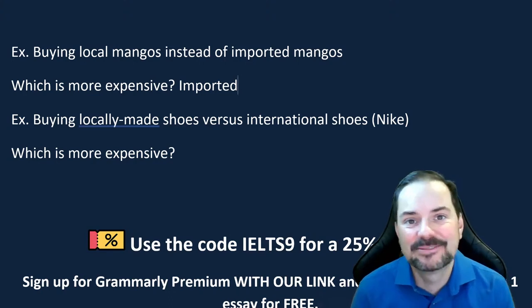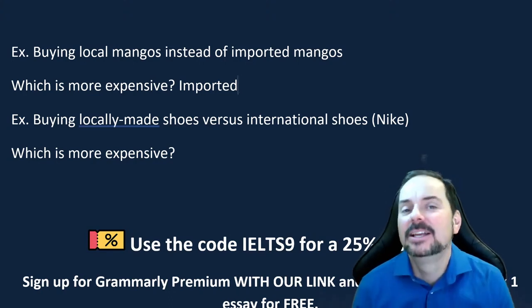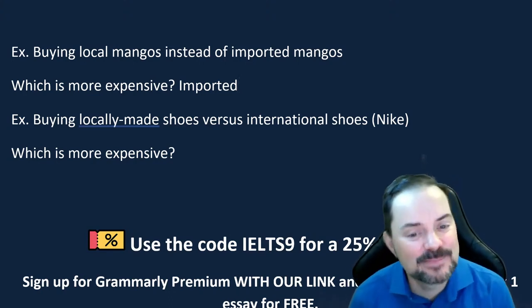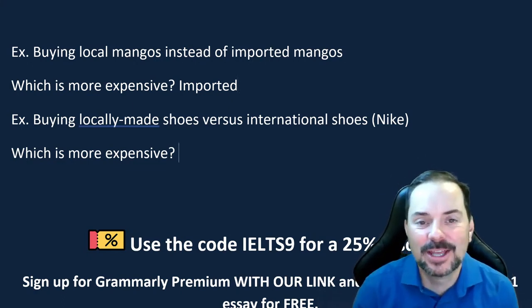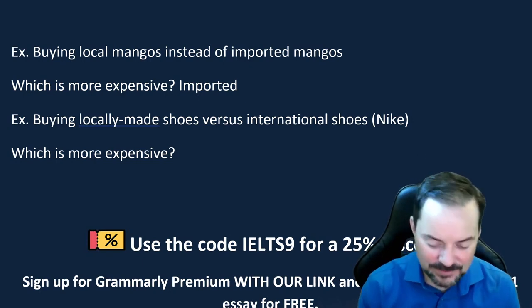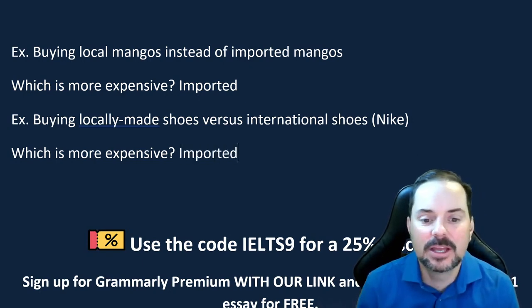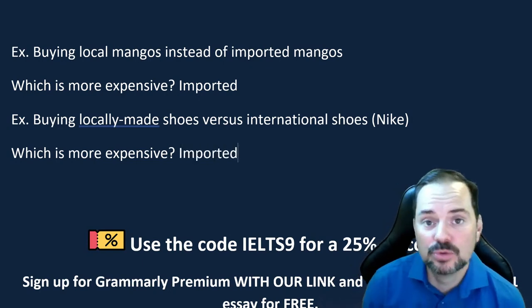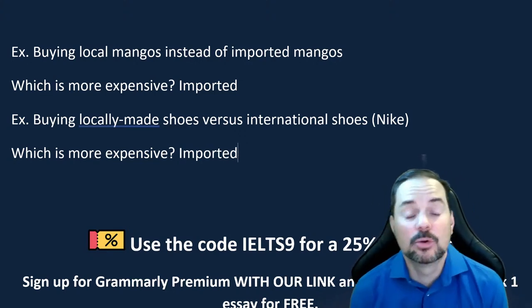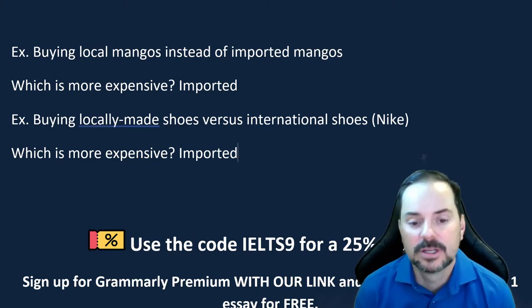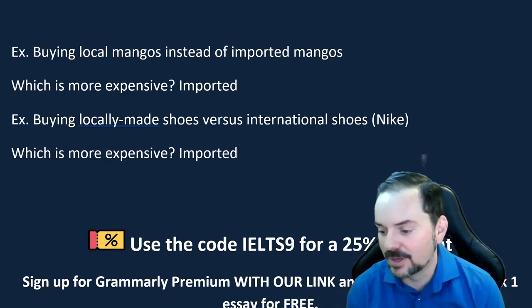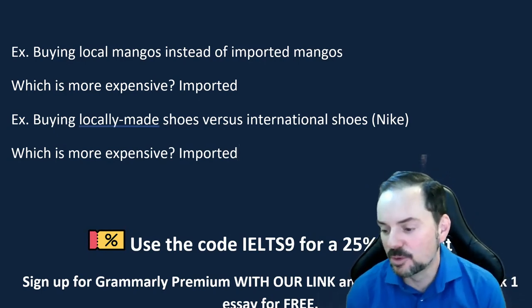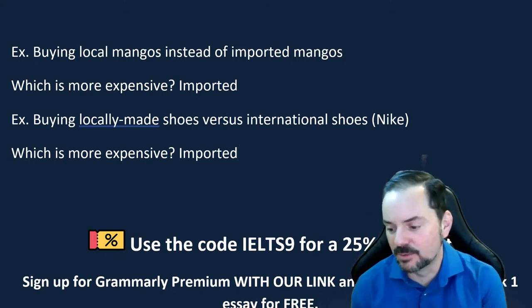It's different in different countries because in Canada, imported is often cheaper than local. So this is where you have to be very good in explaining your ideas to the reader. Local shoes in Canada that are made by hand are going to be way more expensive than imported shoes like Nike. Priyanka says, yeah, in India, the imports are more expensive.